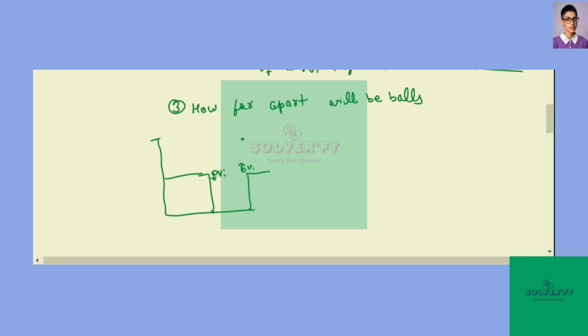The upward ball will reach maximum height where the speed will be 0. Let us call this time t1. We can calculate t1 from the formula v equals u plus at. Here v is 0 and a is minus g, so t equals vi by g.